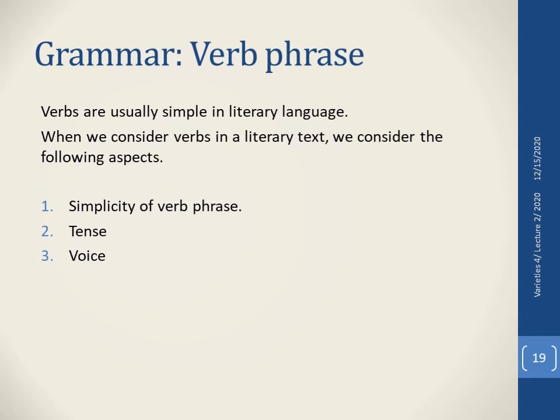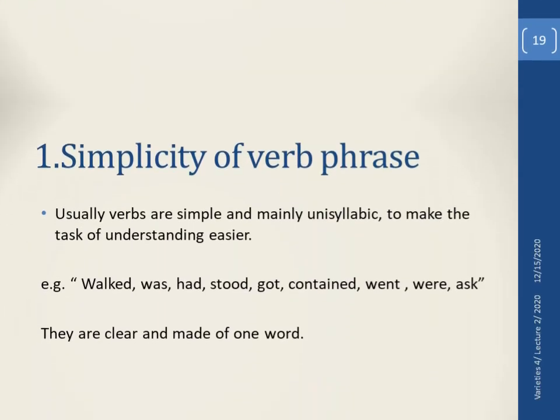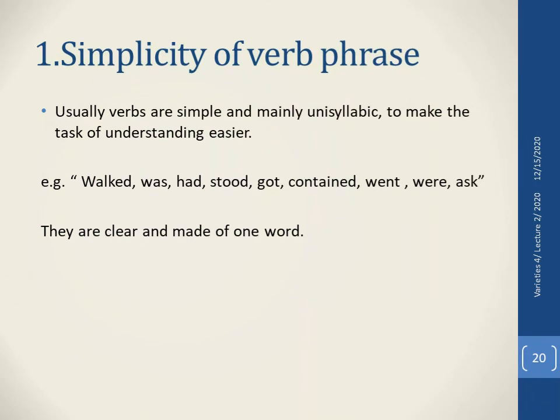When we account for the verb phrase in literary text, we usually consider the following aspects. First of all, simplicity or complexity of the verb phrase, and the tense as well as the voice. The first characteristic of the verb phrase is simplicity.